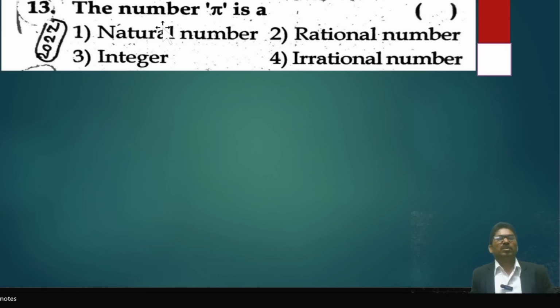Next question. The number pi is an irrational number. Why is it an irrational number? Pi is a Greek letter.